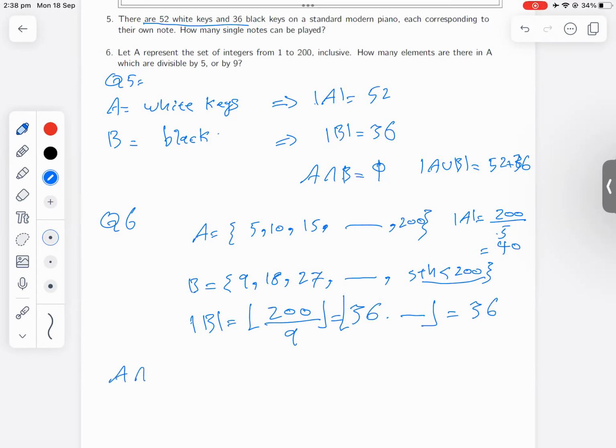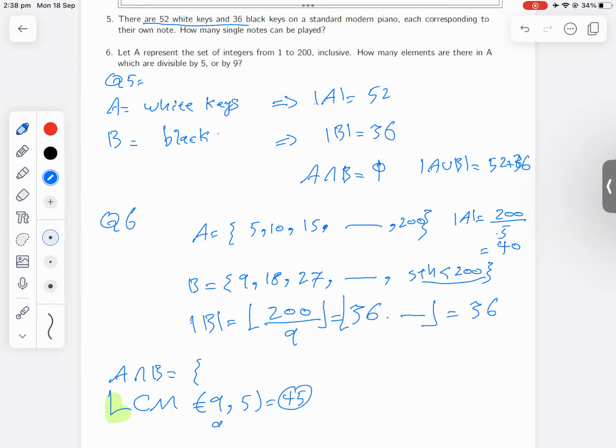And for A intersection B, if I analyze 5, 10, 15, 20, 25, I should choose the common multiples, starting from the lowest common multiple, the LCM. The LCM of 9 and 5 is 45.